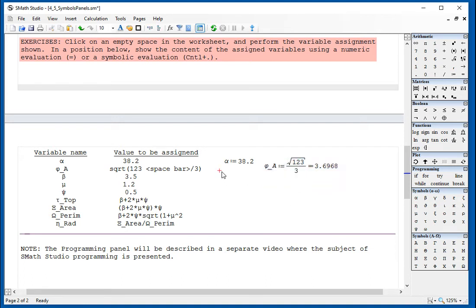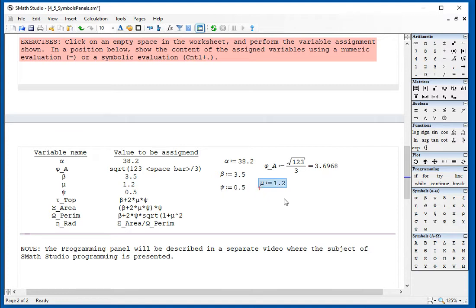Beta is B, Control G, colon 3.5. Mu, M, Control G, colon 1.2. Psi is Y, Control G, colon 0.5.